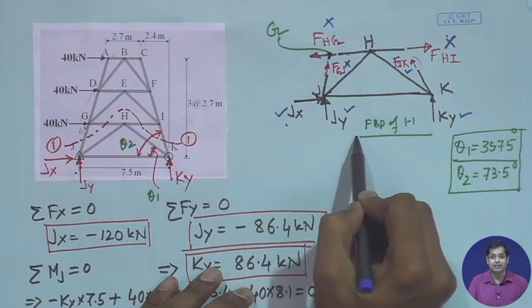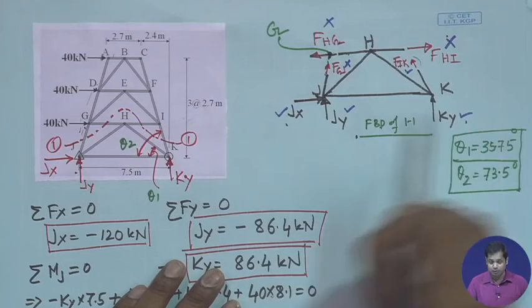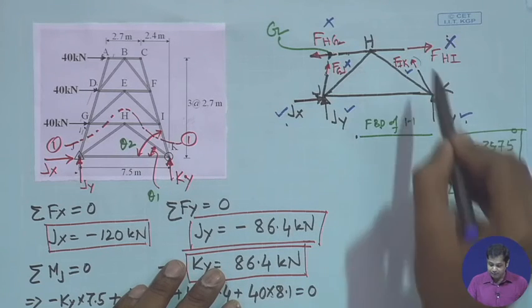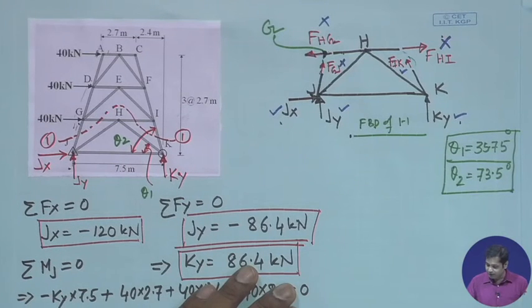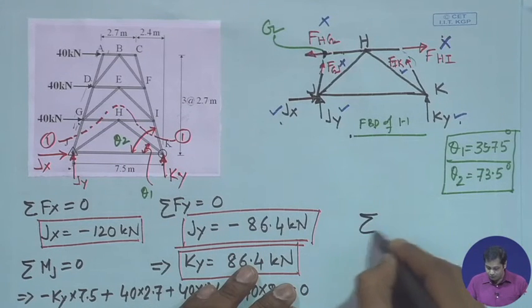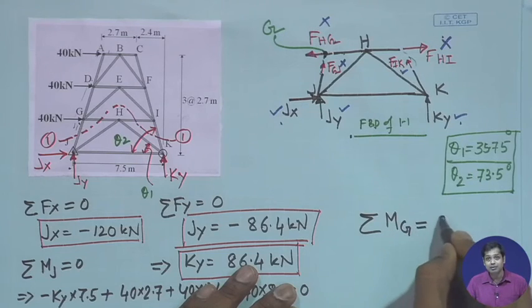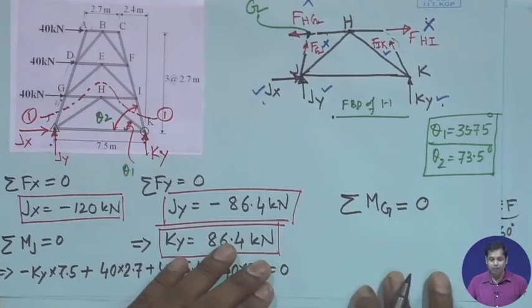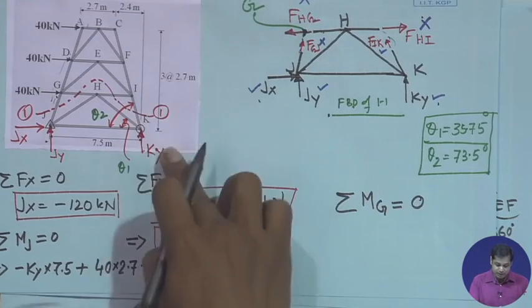We know Jx and Jy, just now we determined, and we know Ky also determined, and we need to determine only the Ik. So the next step would be summation of moment about G is equal to 0. Now, all the forces are determined, the dimensions are given.